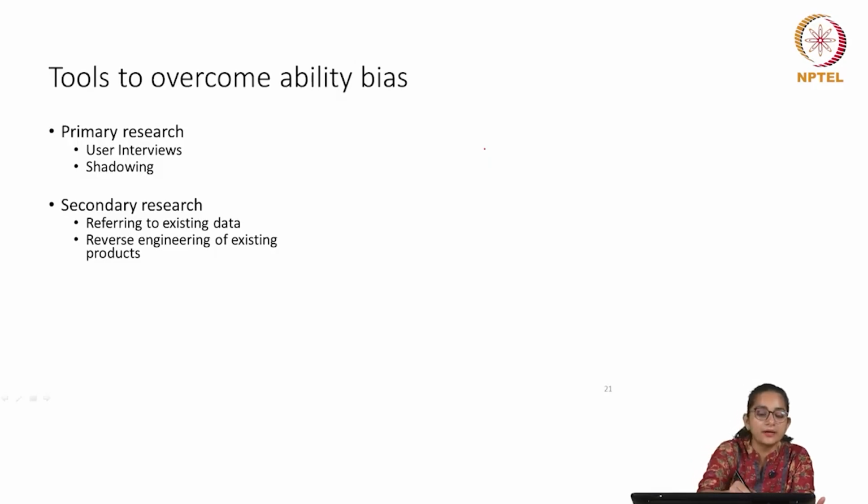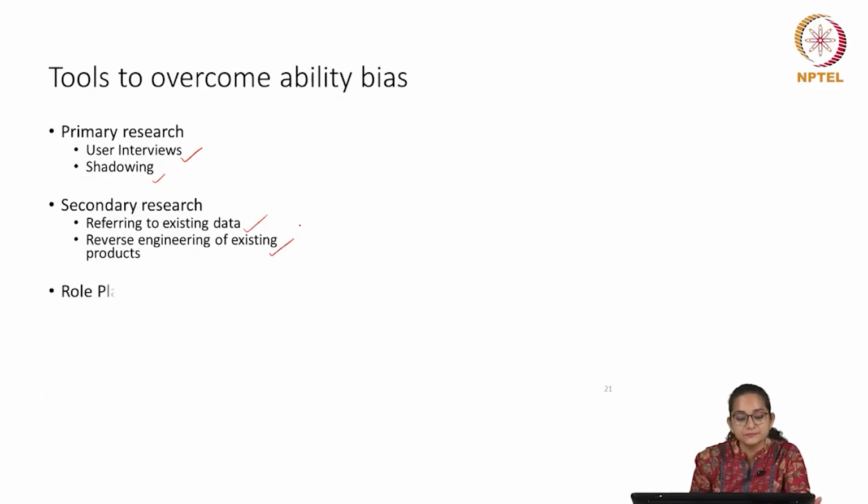As we said, primary user interviews or shadowing, following people and observing how they are adapting, how they are interacting with the existing systems, can give a lot of insights. The secondary research can be referring to existing data or reverse engineering some of the existing products.